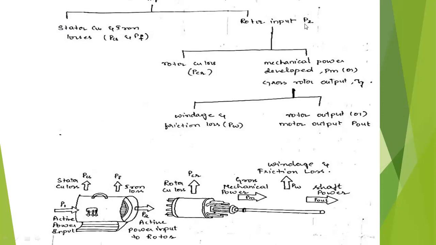From the rotor, you have rotor copper loss, and the final is the mechanical power developed. From that mechanical power, you have to omit windage and friction losses. You will get the final rotor output, the motor output.